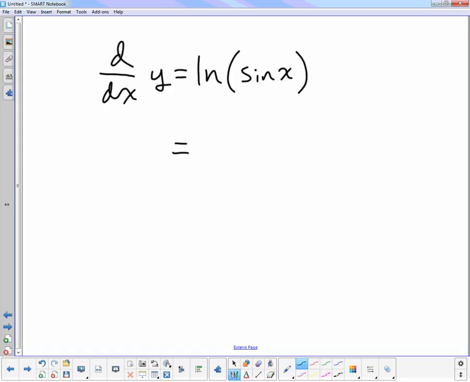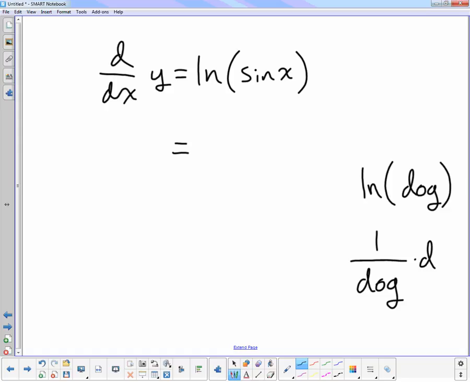So if I have the natural log of dog, and I take the derivative of that, I get 1 over, I don't care what's in the natural log. And now you would have to find the derivative of dog. So I would have dog prime over dog, whatever that is.